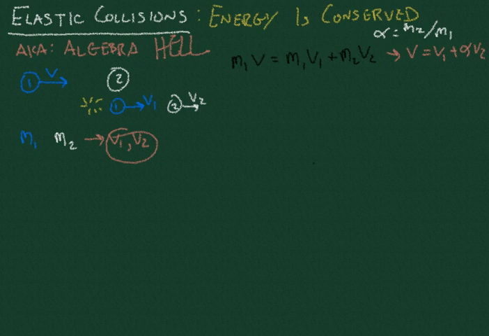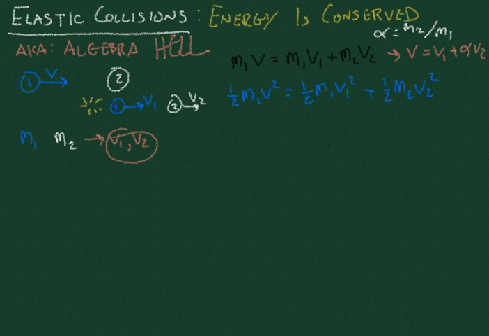Then the next thing that we do is, because kinetic energy is conserved, we can say 1/2 m1 v squared is equal to 1/2 m1 v1 squared plus 1/2 m2 v2 squared. Kinetic energy is conserved, so this is our initial kinetic energy, this is our final kinetic energy.